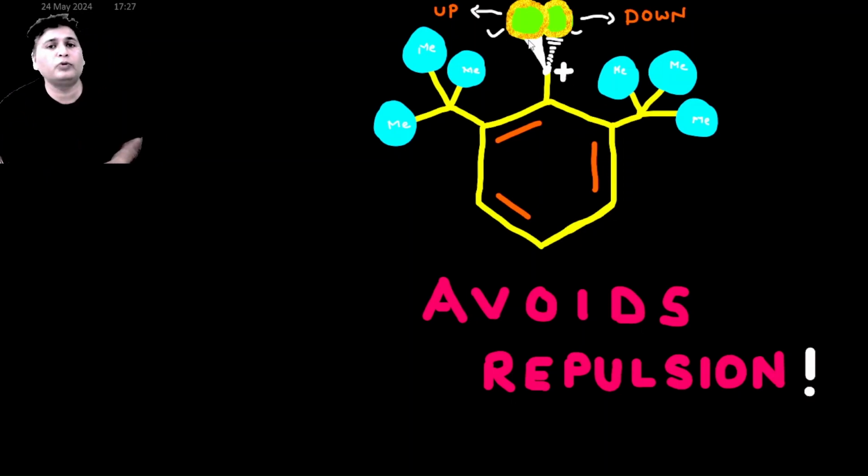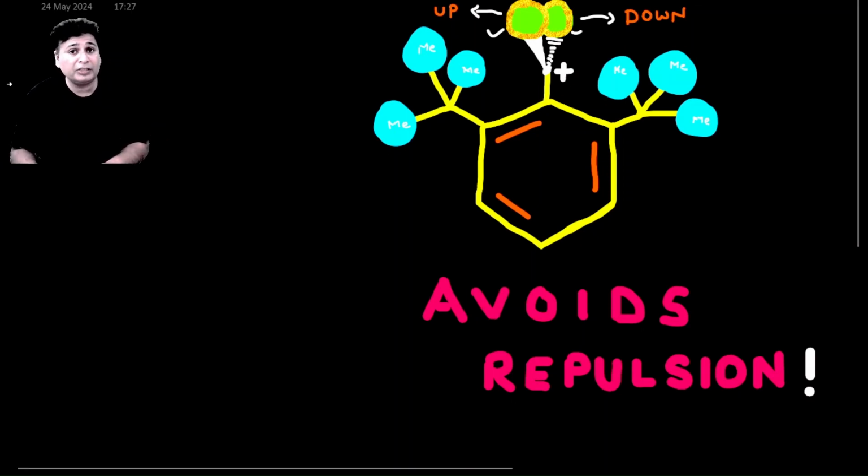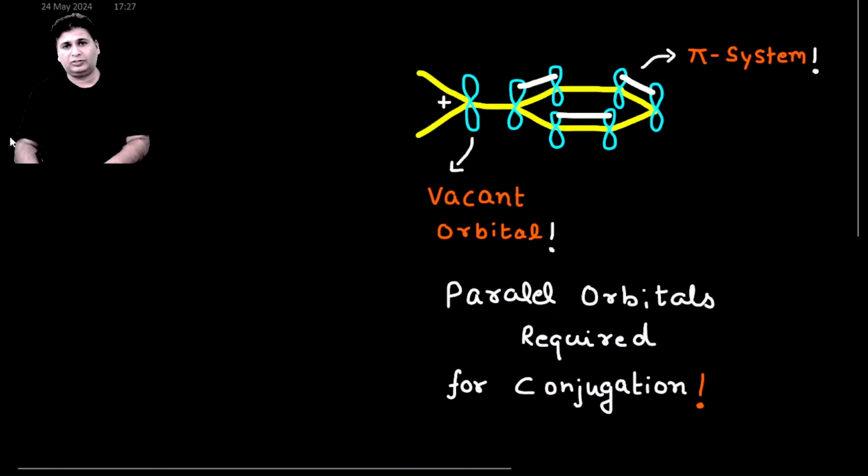What is the consequence of the carbocation changing its plane? Is there any consequence? Yes, now it has to pay for the reduction of repulsion. Although it has reduced the repulsion, now it has to pay for it. You understand?